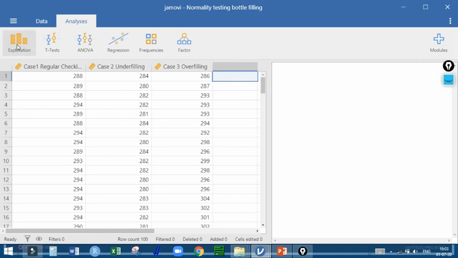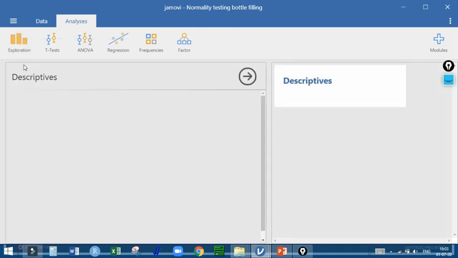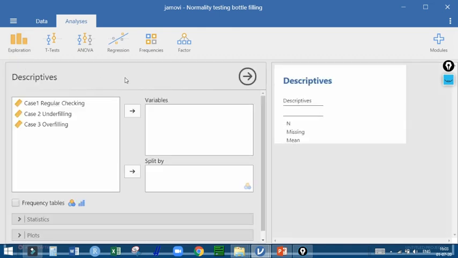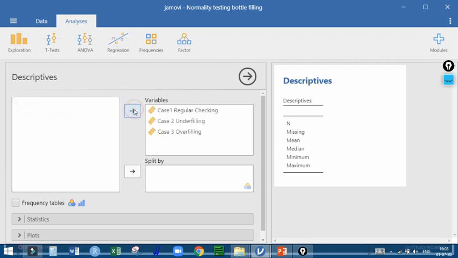Let's check the descriptives of the data set. To check descriptives: analysis, exploration, descriptives. The command window has opened. Let's shift all the three variables, regular checking, underfilling, overfilling, to the variables box.